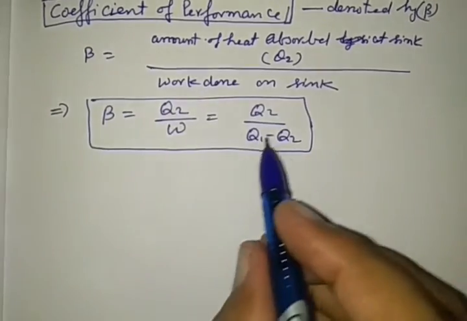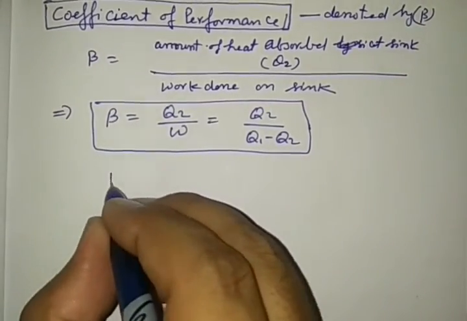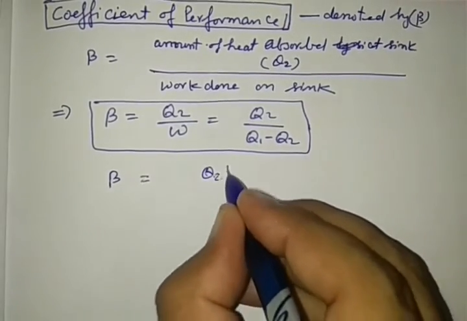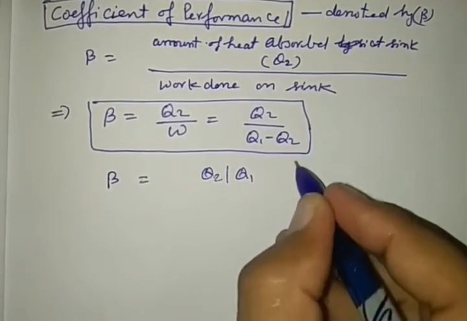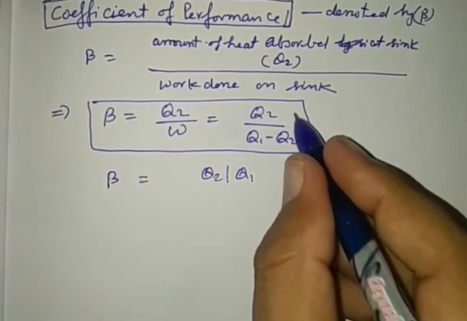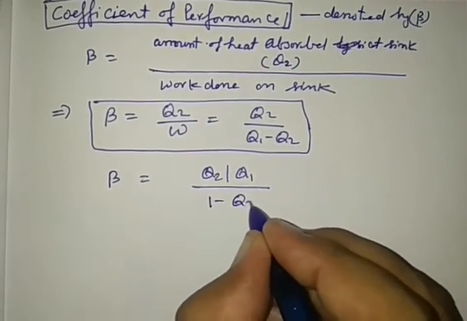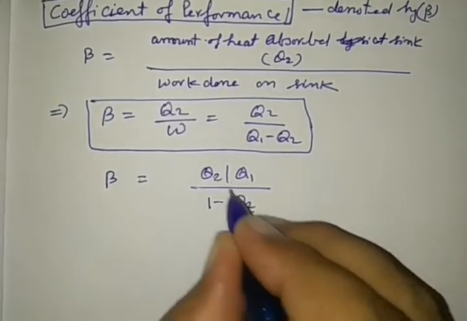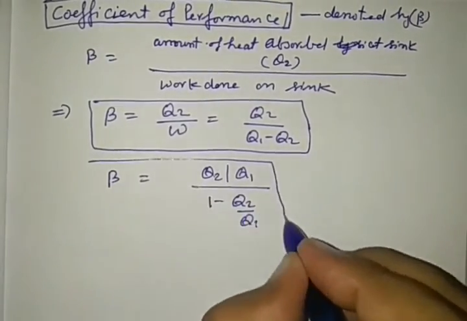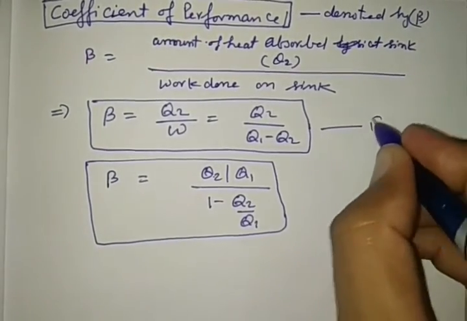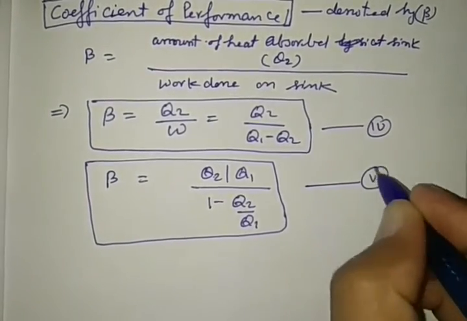It can also be written in this mathematical form. We divide by Q1 in numerator and denominator, so it can be written in terms of Q2 by Q1, right? It is equation number 4 and it is equation number 5.